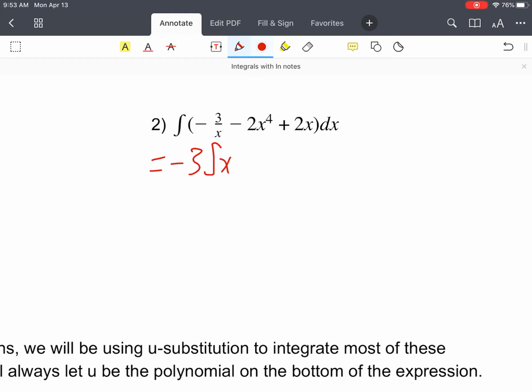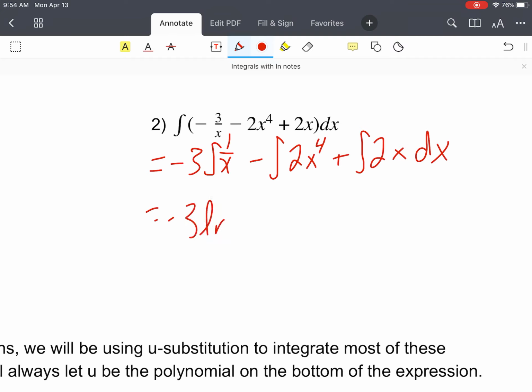This one we're going to need to break into 3 different integrals. So this is negative 3 on the integral of 1 over x, minus the integral of 2x to the 4th, plus the integral of 2x. That's going to be, whoa, that's 1 over x, isn't it?